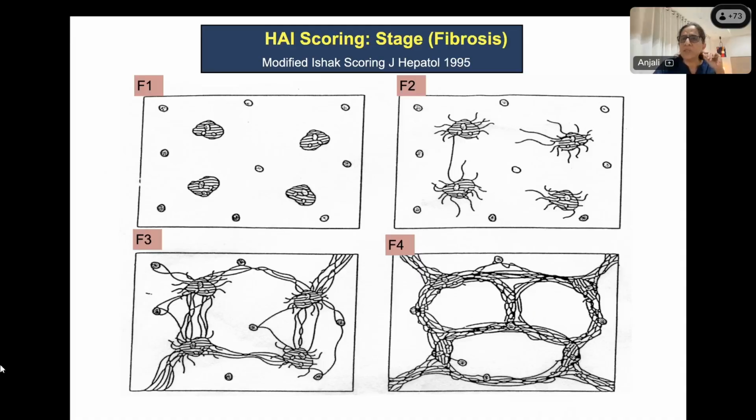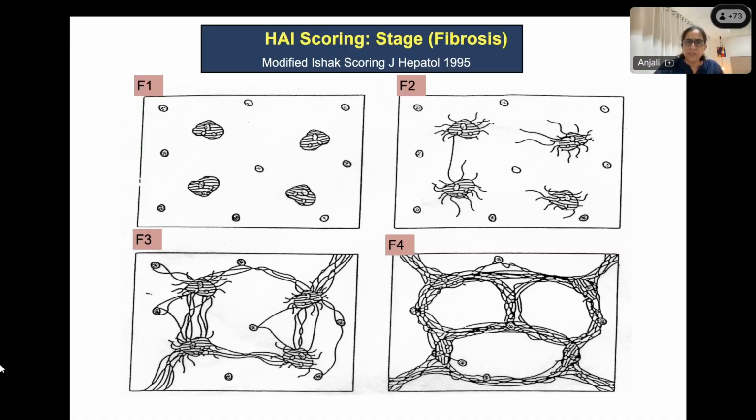Now, I would like to say here that there are various scoring systems for this fibrosis, and the question is which scoring system we should use. There is the Knodell scoring system, the Ishak scoring system. There are several scoring systems with several ranges. But I prefer 0 to 4, where 4 is cirrhosis. So you can use any scoring system in which you are comfortable and your hepatologist is comfortable.